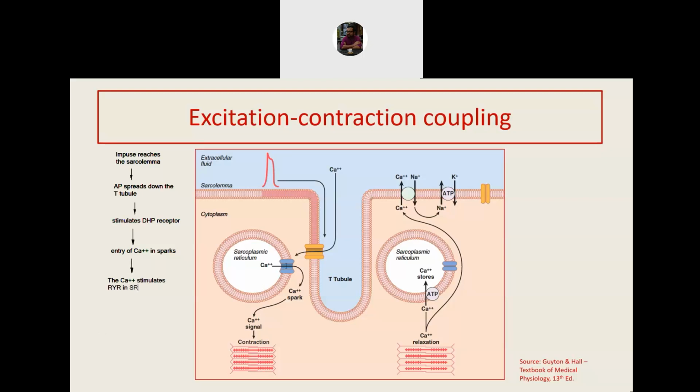Once this is stimulated, more calcium comes out from the sarcoplasmic reticulum, because you know endoplasmic reticulum, mitochondria and nucleus, these three are the storehouses of calcium. So more calcium comes out of the sarcoplasmic reticulum. And this calcium will now cause muscle contraction.